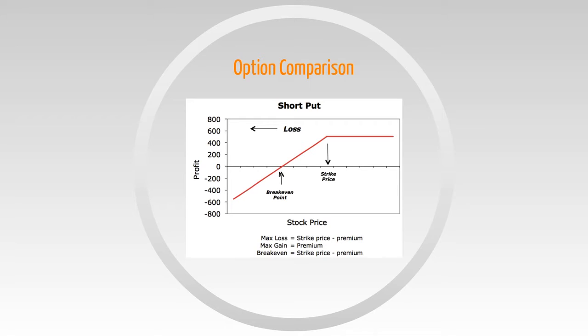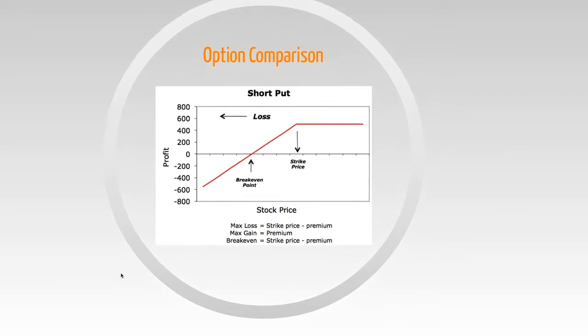The flip side of that is the short put is going to lose money when the shares go down, up to a zero market price for the shares. And as we mentioned, this break-even point is the same for both sides, the buyer and the seller: the strike price minus the premium.